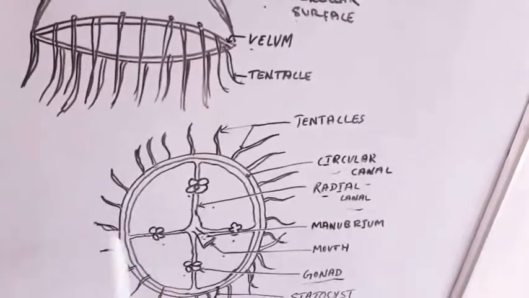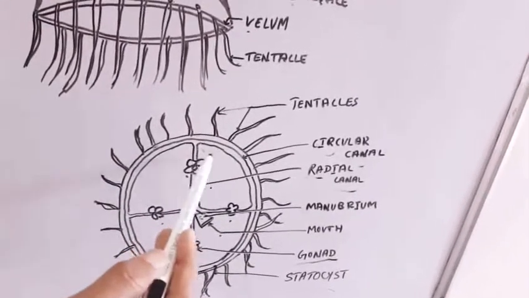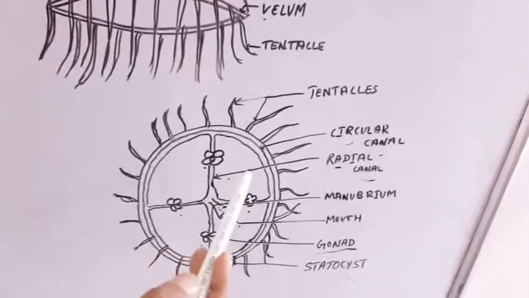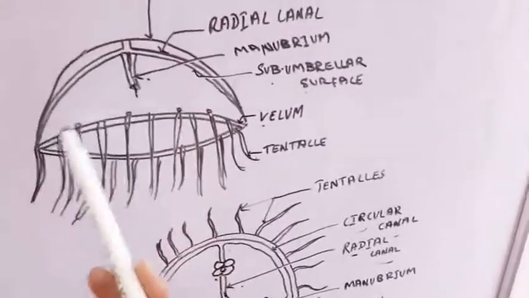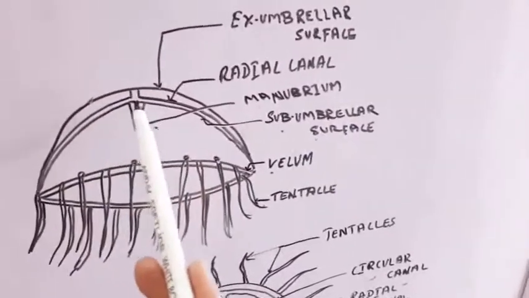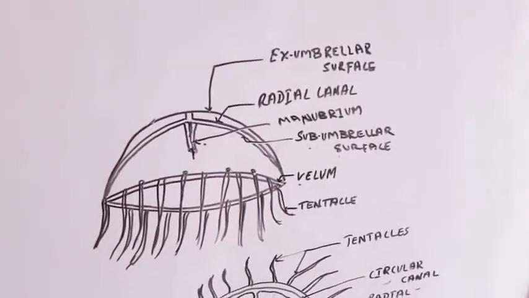And here there are 4 gonads, a circular canal and 4 radial canals on the subumbrellar surface, from which the manubrium with the mouth arises.